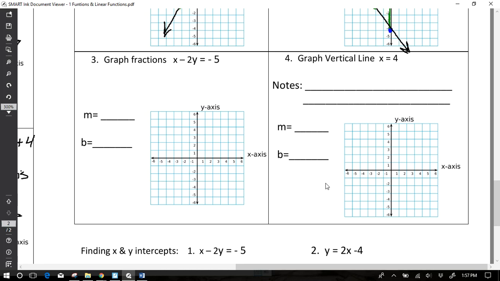Okay, let's take a look at example number 3. Again, the first thing that I want to do is get this into slope-intercept form. So subtract my x term, and then divide by the coefficient of the y term.